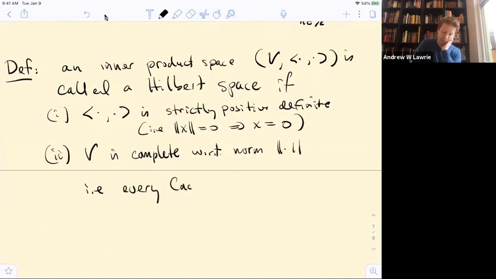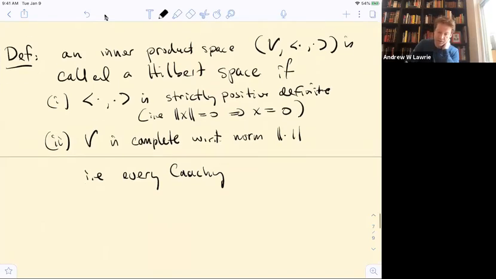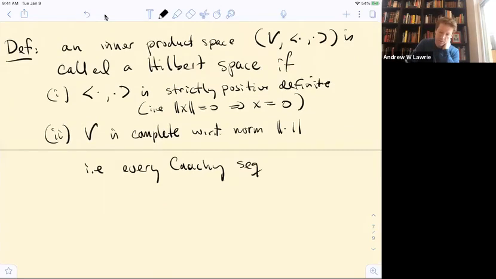If you remember from your real analysis classes, once you have a metric space, you can discuss Cauchy sequences, and if every Cauchy sequence converges, then you say the space is complete.